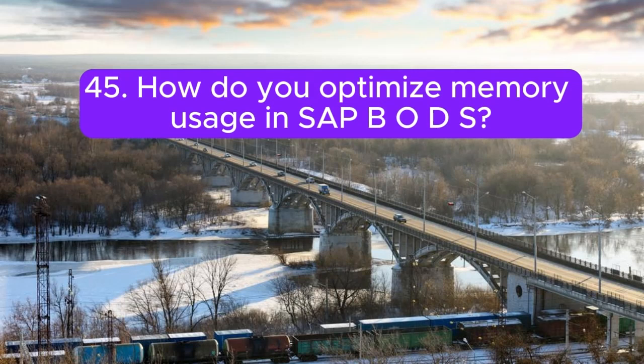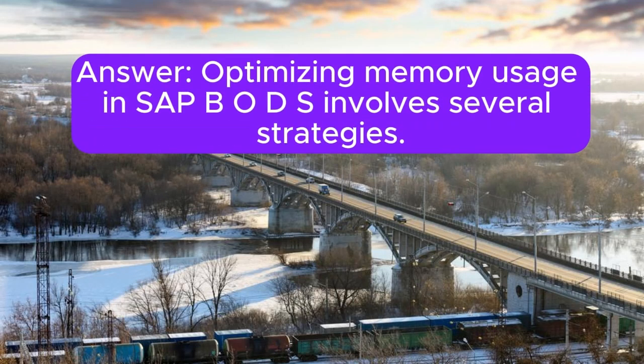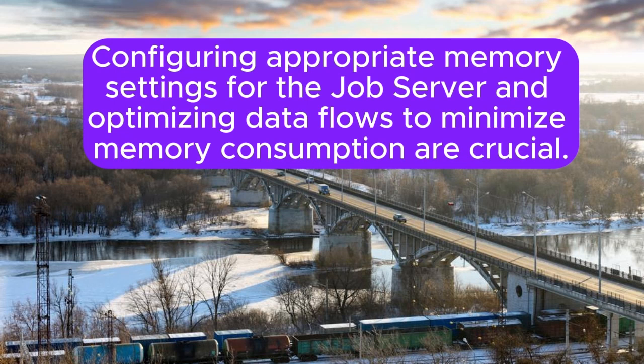45. How do you optimize memory usage in SAP BODS? Answer. Optimizing memory usage in SAP BODS involves several strategies. Configuring appropriate memory settings for the job server and optimizing data flows to minimize memory consumption are crucial.